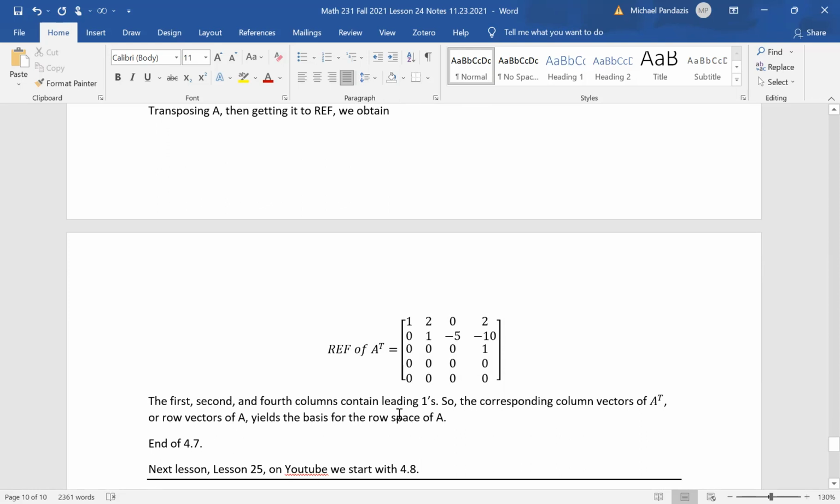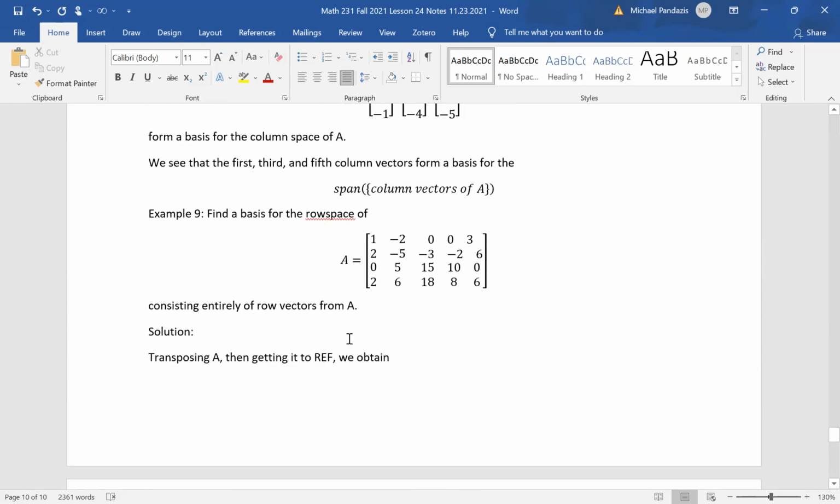Correspondingly, if you now switch the rows and columns back to get A, that means the first, second, and fourth rows of A form a basis for the row space of A. And that's how you do that problem. So if you want to find a basis for the row space, the first step is take A transpose, apply the same procedure as the previous problem for the column space, and then switch it back.